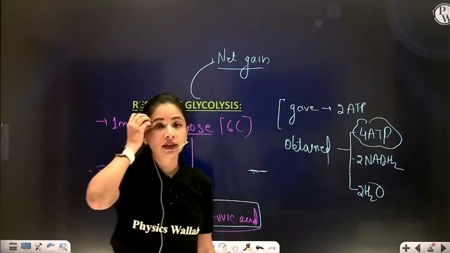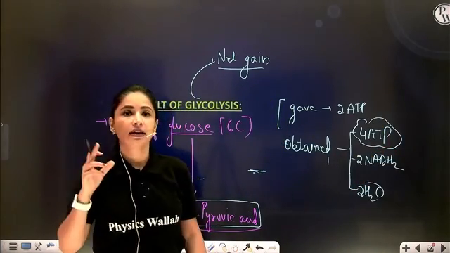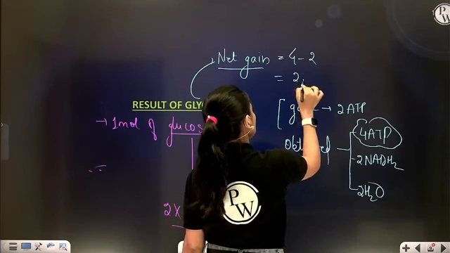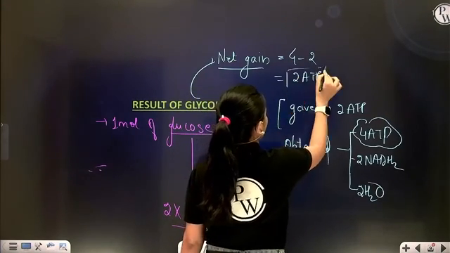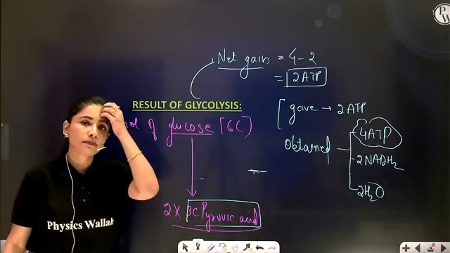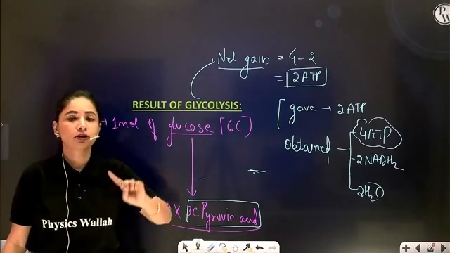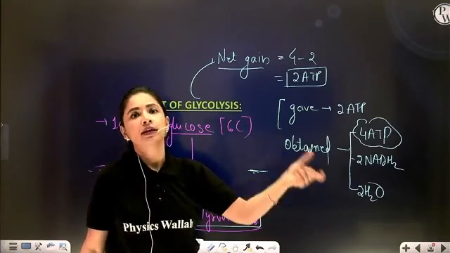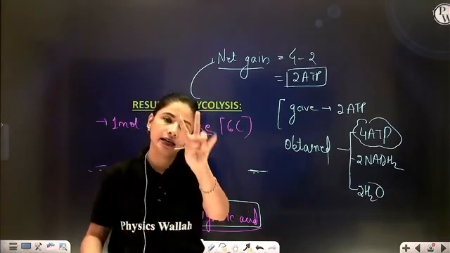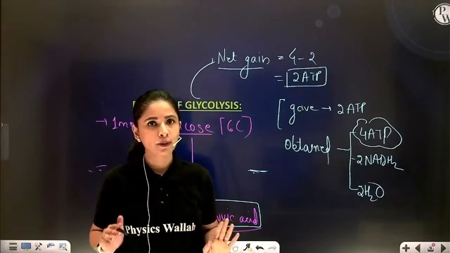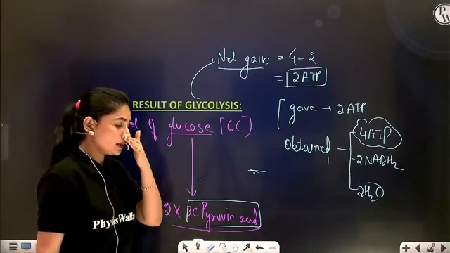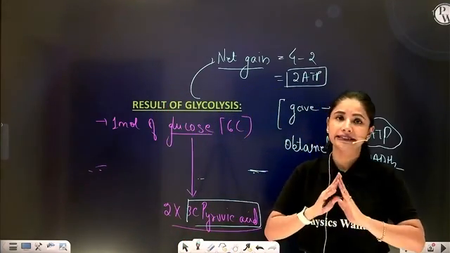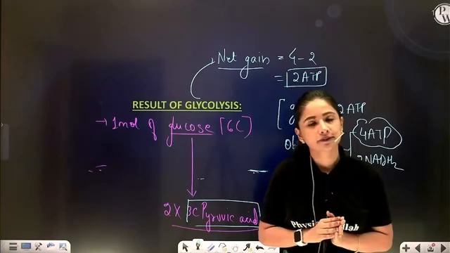But if the question asks what the net gain is, then the net gain of ATP will be 4 minus 2, that is 2, because 2 ATP we also initially give to activate glucose. You obtain 4, so the remaining is 2. I hope the products of glycolysis as well as the reactions in glycolysis are clear along with the result.